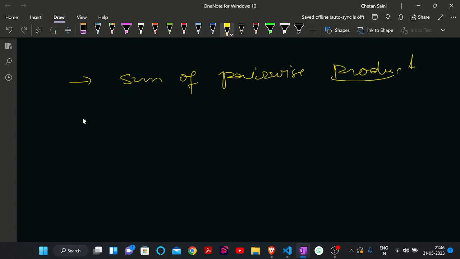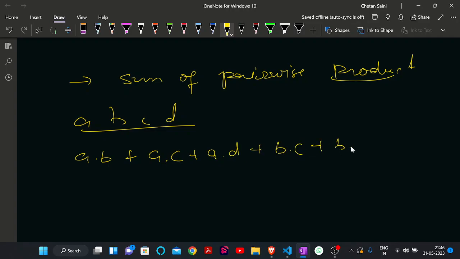Just think that a b c d is given to us, and you know that the pairwise product will be a into b plus a into c plus a into d plus b into c plus b into d plus c into d. Okay, now just think that I am calculating the value of sum, that is the sum of previous elements.